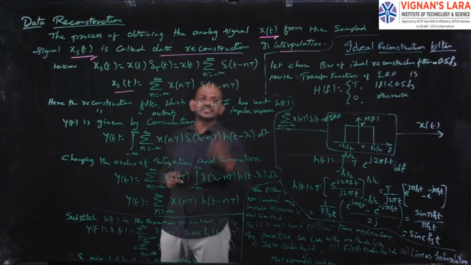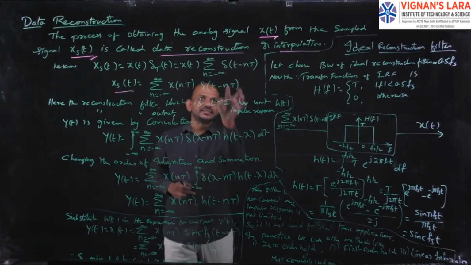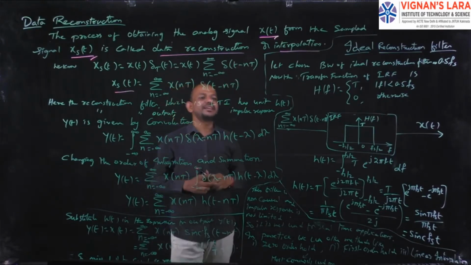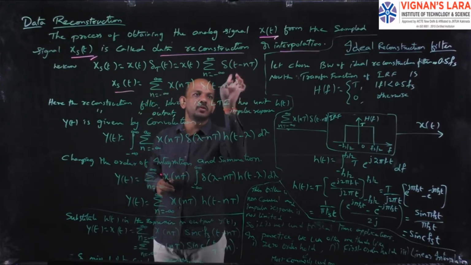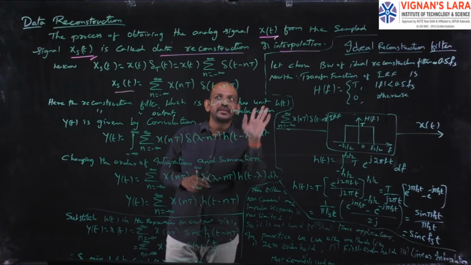So 0 into anything is 0. That is, delta of t minus n capital T has a value only when small t equals n into capital T.